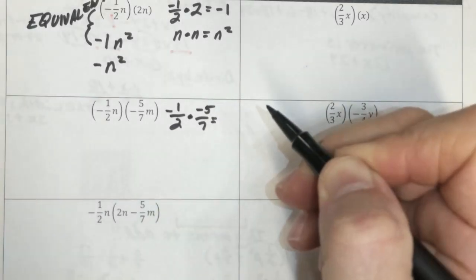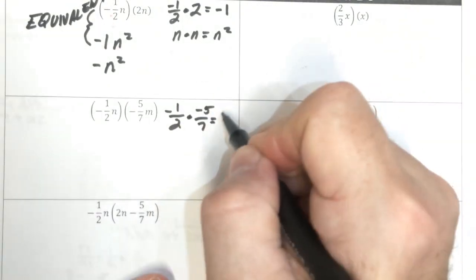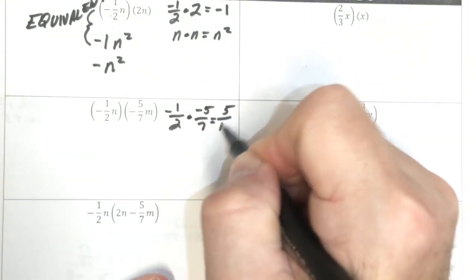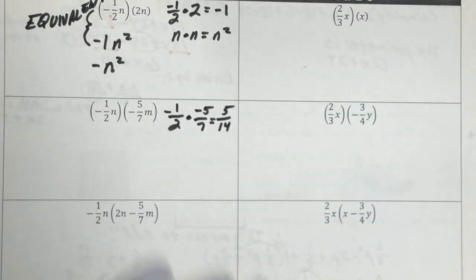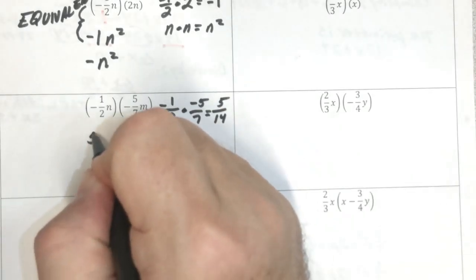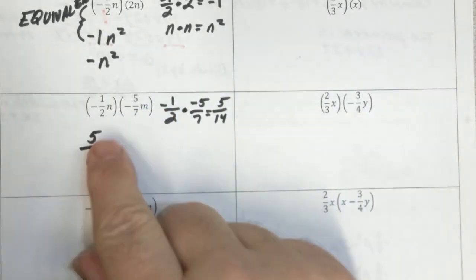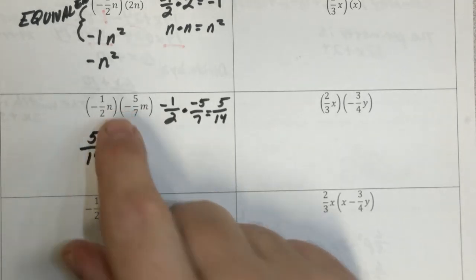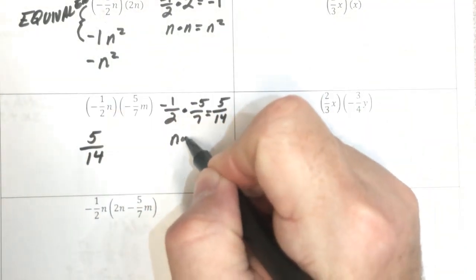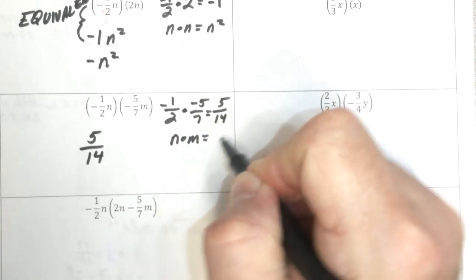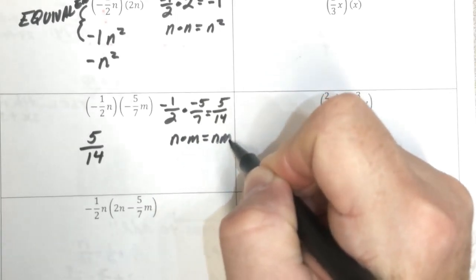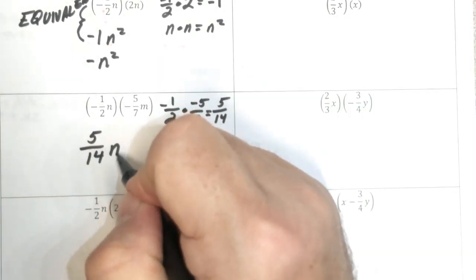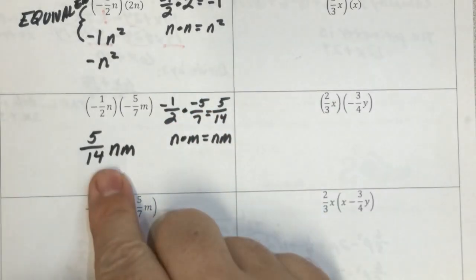That's going to give us 5/14. Again, plug that into your Desmos. So here I'm just going to write 5/14. And then we got n times m. So n times m, we really can't multiply that, so we're just going to write it as nm. And there is our final answer.